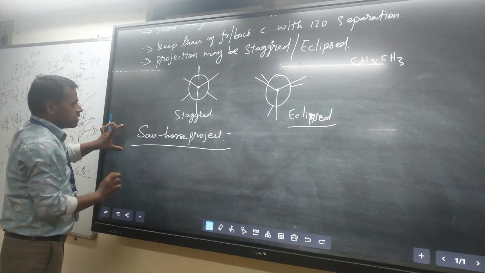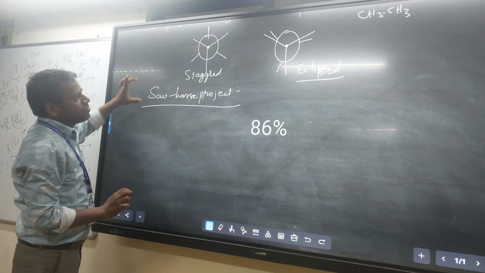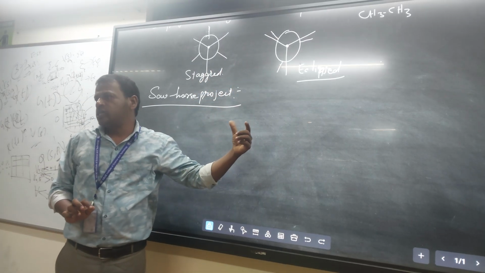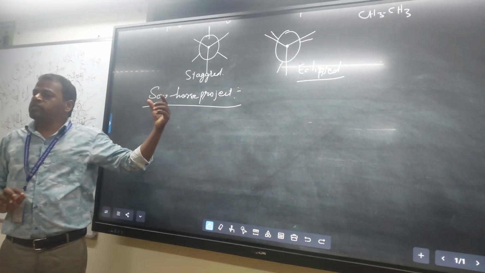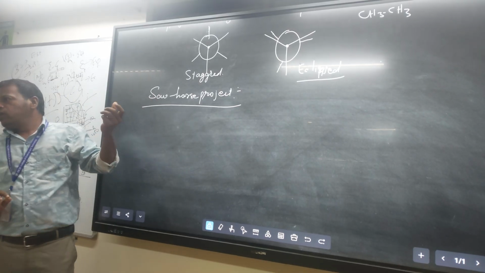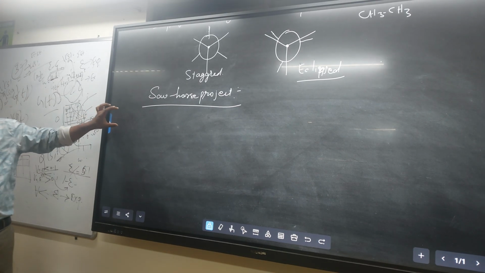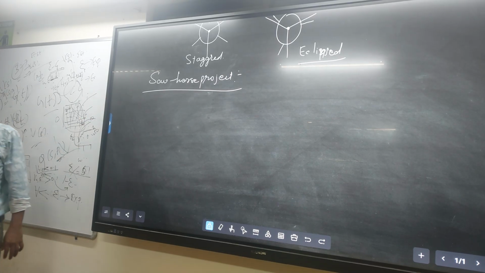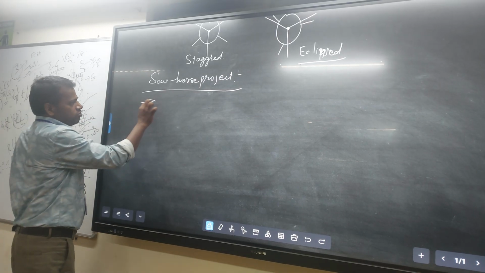The idea is similar to the Newman projection, but here it is only the stick model, not the ball and stick model. So what is the rule for the Sawhorse projection? The first rule: look at the molecule from the side. I will show you later.